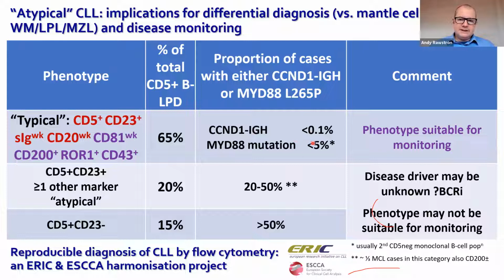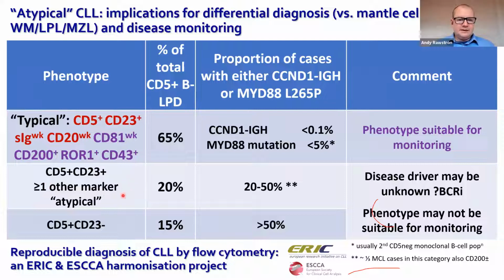We do see MYD88 mutation, that driver for Waldenstrom's and other B-cell disorders, in a small proportion of patients, but often that's actually in a separate subpopulation. So in general, with that fully typical phenotype, about 2/3 of cases, we know that we'll be able to monitor the disease easily.